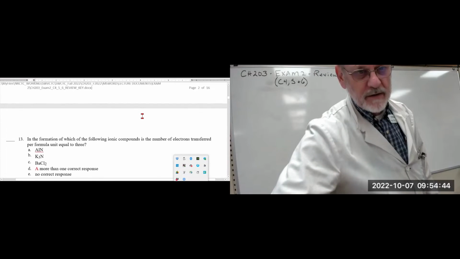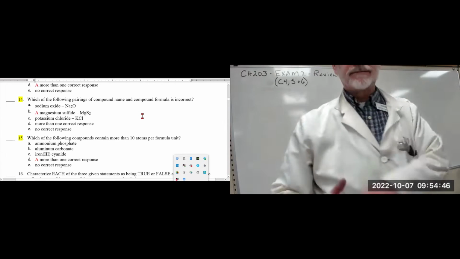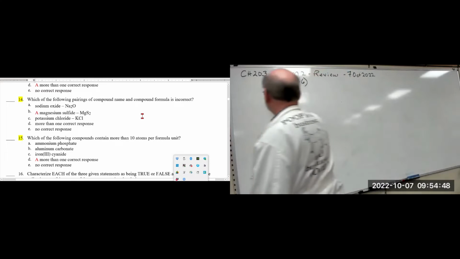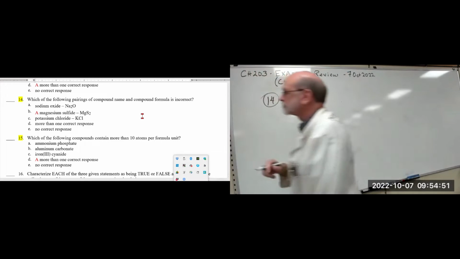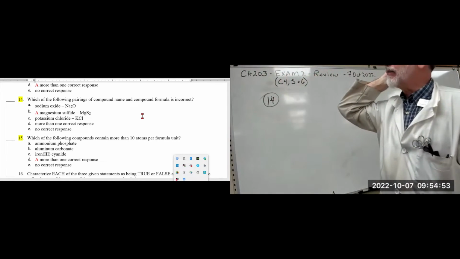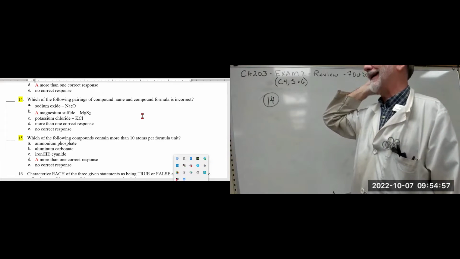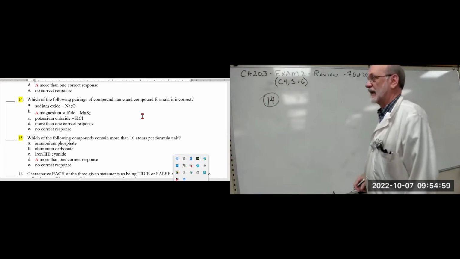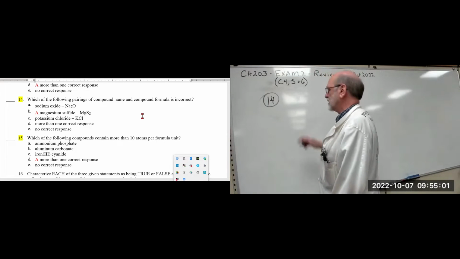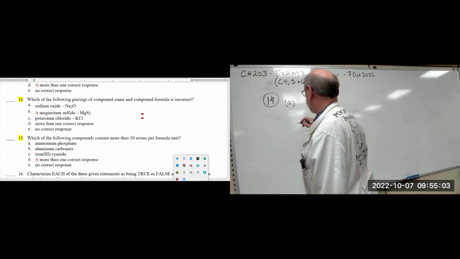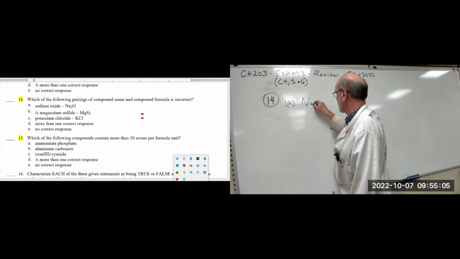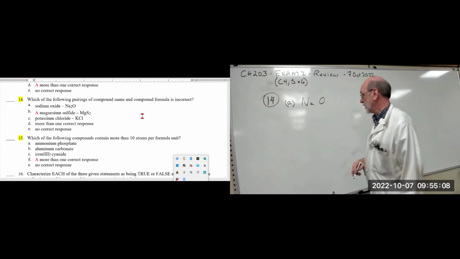They're repetitive. 14. Which of the following pairings of compound name and compound formula is incorrect? All right. Sodium oxide. We need sodium and we need oxygen, right?